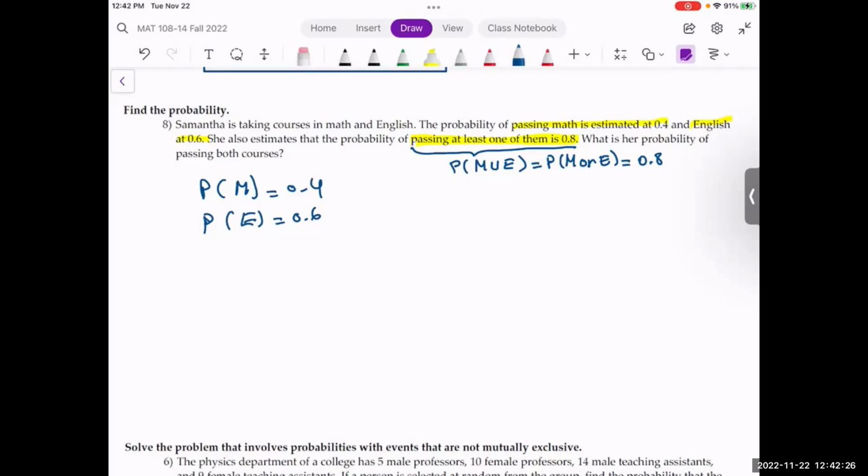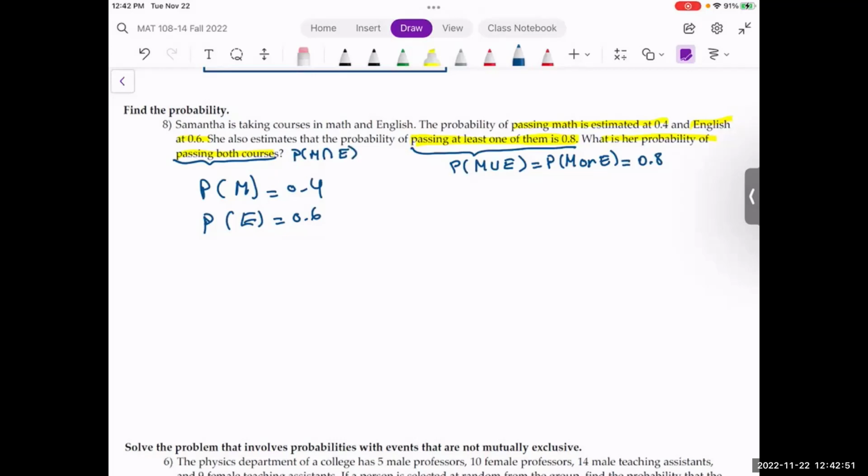Now, do we have the intersection? What is the probability here of passing both of them? That's actually the question, right? Both of them means math and English. That's what we are looking for here. Math and English is the intersection, right?